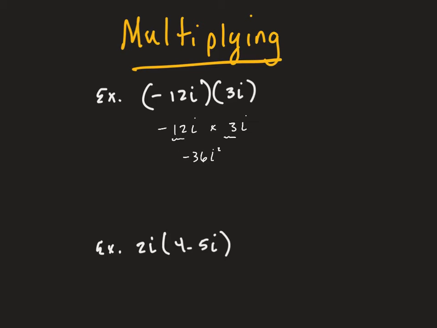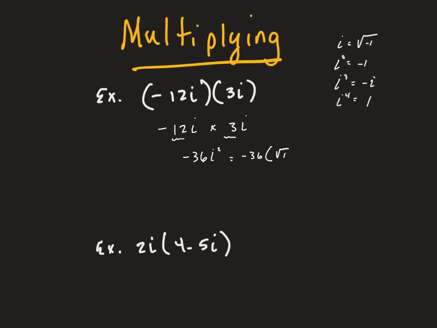And I think we learned that i squared is a certain value, because we did talk about the cyclical properties of i, and we said that i was equal to the square root of negative 1, i squared was equal to negative 1, i cubed was equal to negative i, and then i to the fourth was equal to 1. But, hey, let's just go ahead and say that if we didn't remember that, this is going to be negative 36 times i.